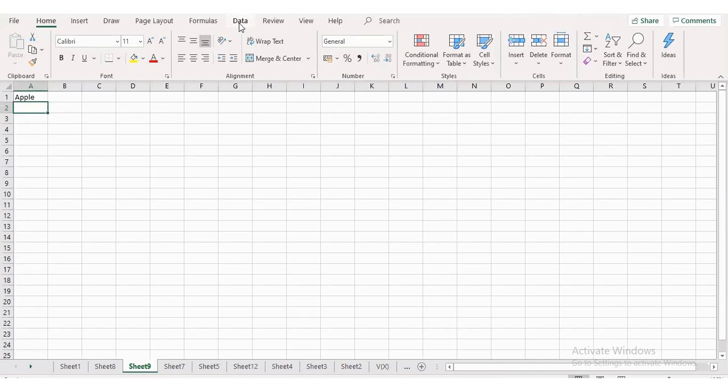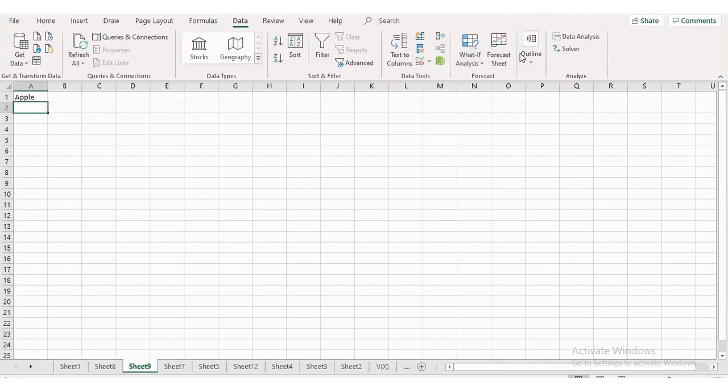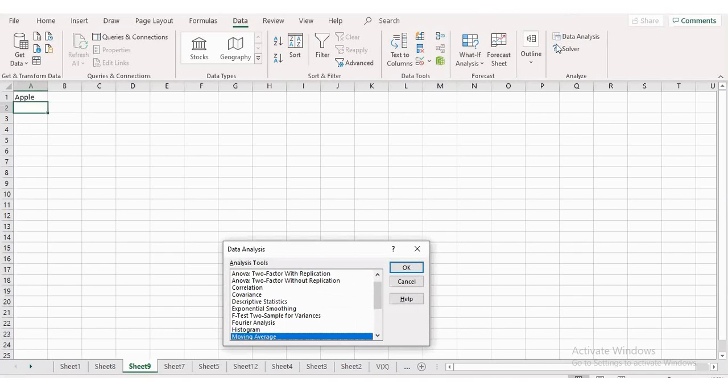Close your eyes, see what I'm doing. Don't look at what I'm doing. How is the data going to look?